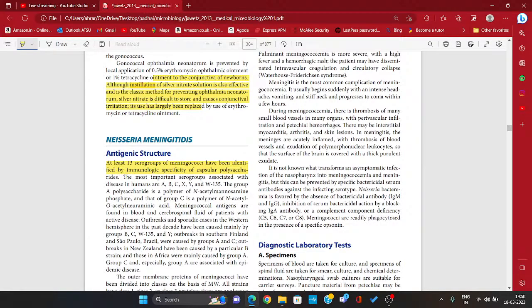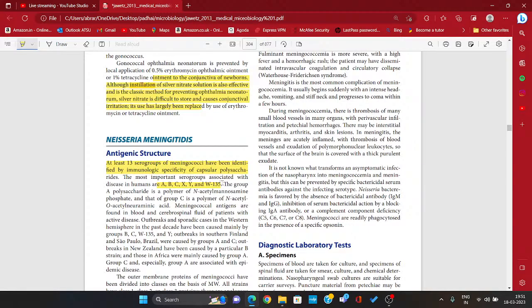The most important serogroups associated with disease in humans are A, B, C, X, Y and W135. The group A polysaccharide is a polymer of N-acetyl mannosamine phosphate, and that of group C is a polymer of O-acetyl neuraminic acid.